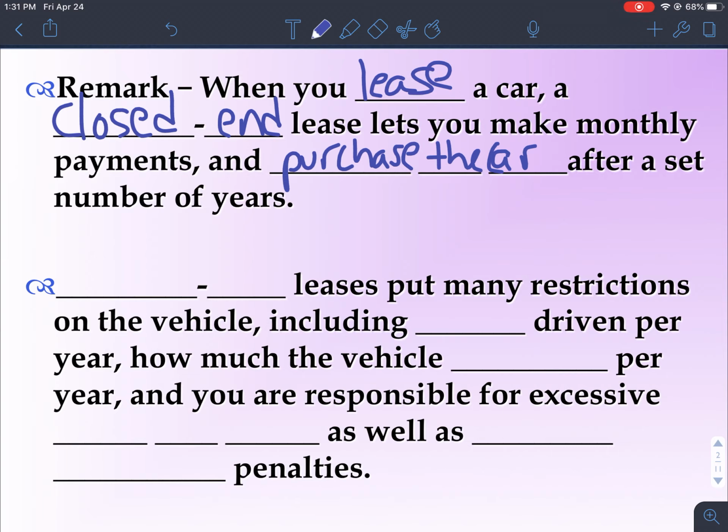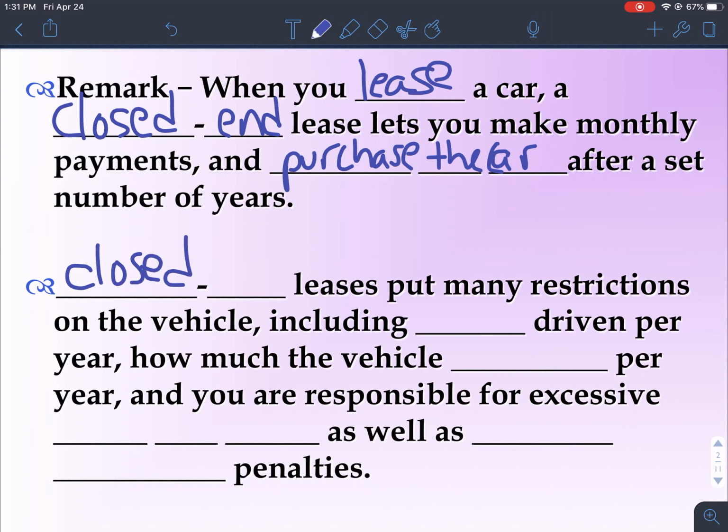So, for example, you can lease a car for a term of, say, 48 months. That would be 4 years. And at the end of the lease, the dealer will give you the option of purchasing the car at its remaining Blue Book value.